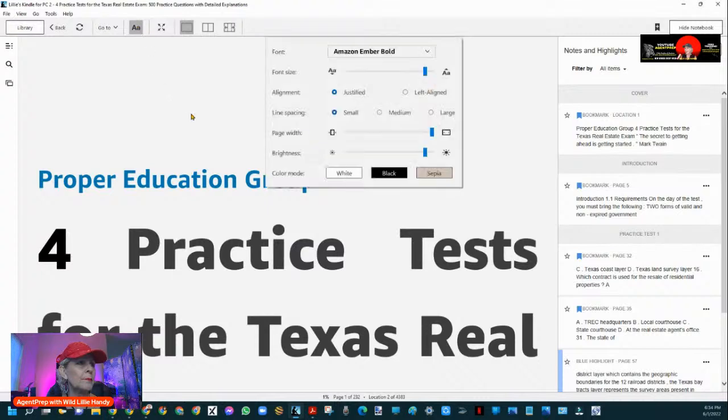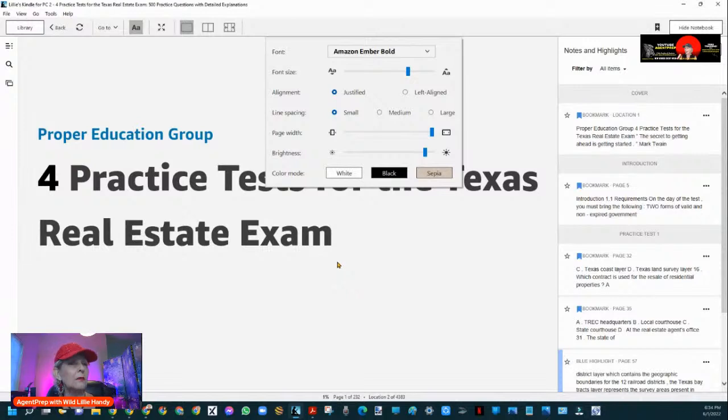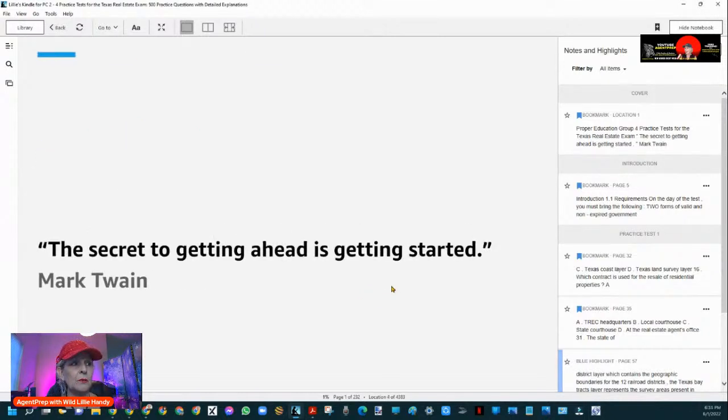Let me minimize this a little bit. When I research books on Amazon or wherever I find them, I look for books that have lots of questions and explain the answers and also include vocabulary. See, the secret to getting ahead is getting started, right? So do it.